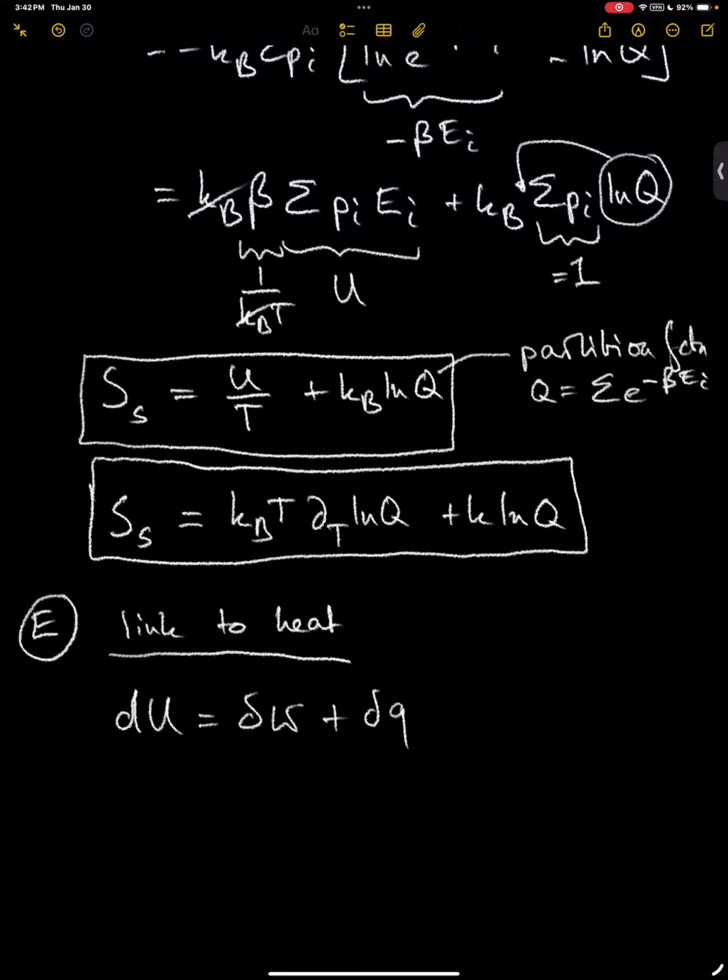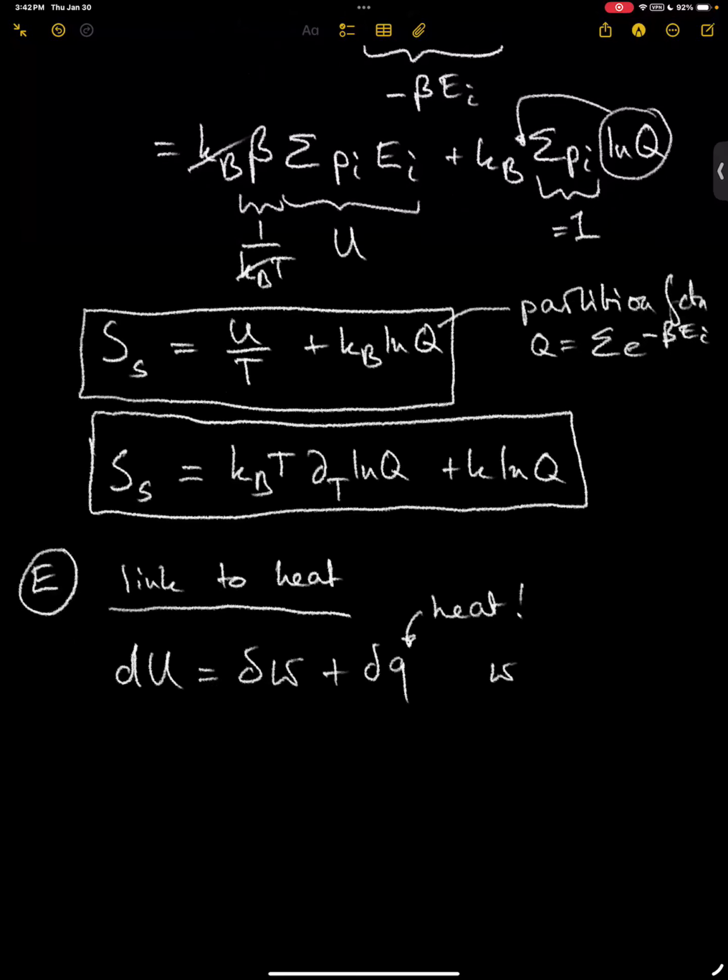And we had already noticed, again, right, heat, that our change in heat is the sum over the states of the product of the eigenvalue energy and the change in the probability.